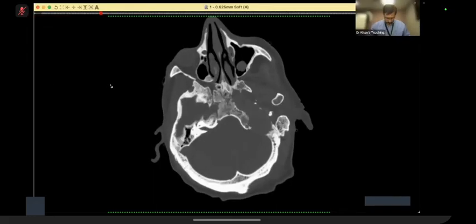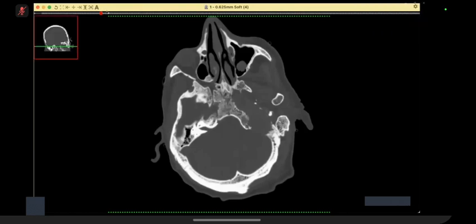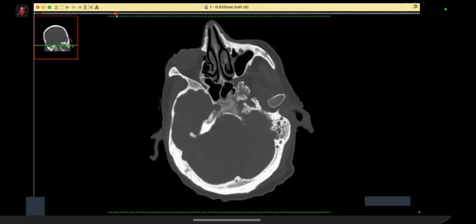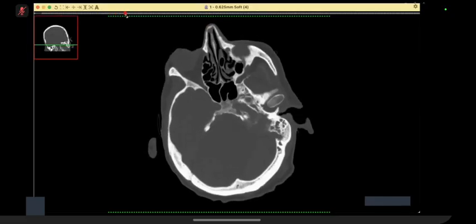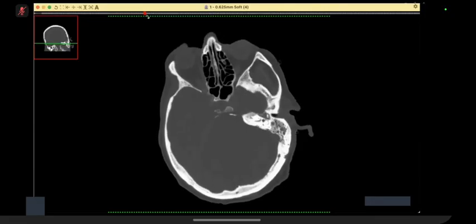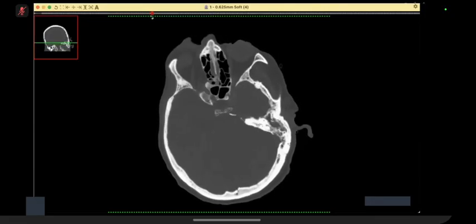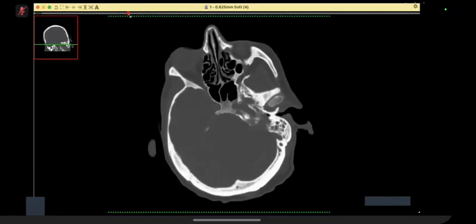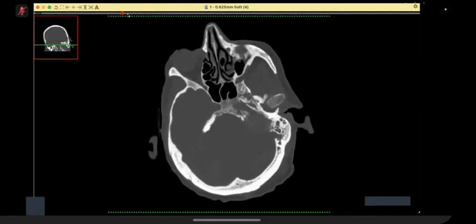Yes, this is the bone window. I can see here there are erosions of the petrous temporal bone and erosions also affecting the jugular foramen. I'm trying to see if this lesion extends into the middle ear or not.